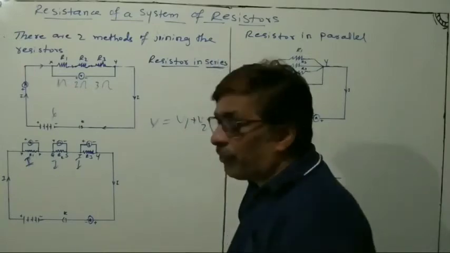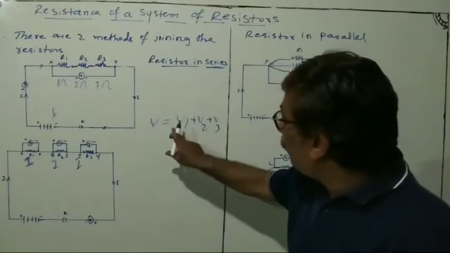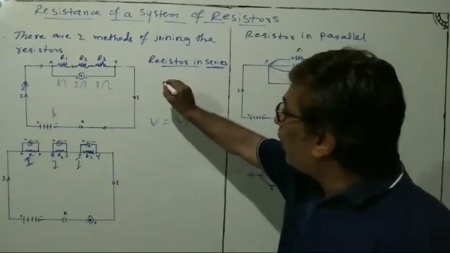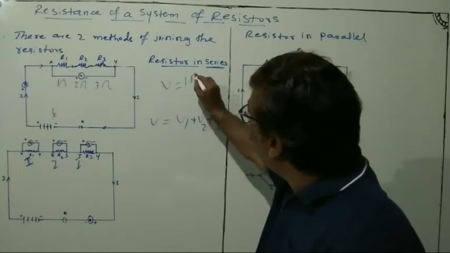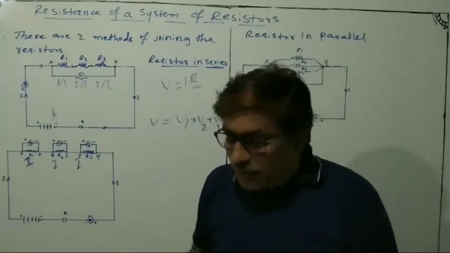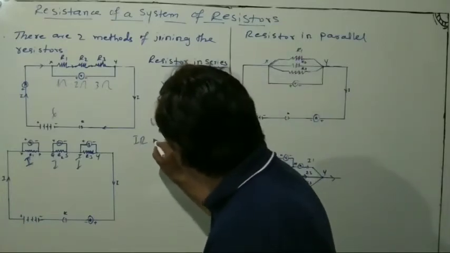We know that V is equal to IR, so we can put the IR value here.